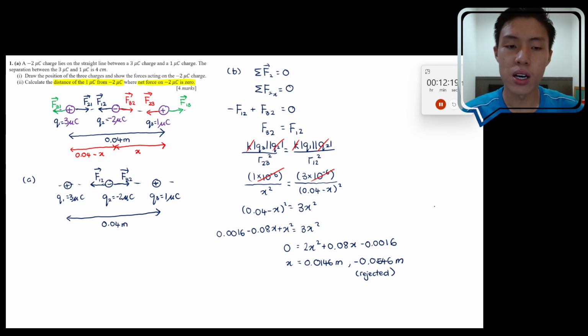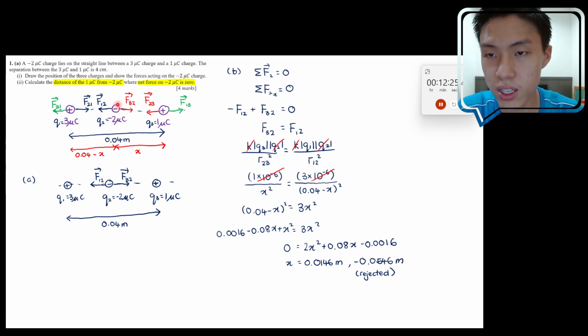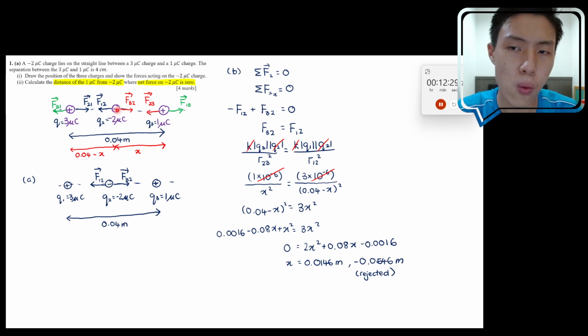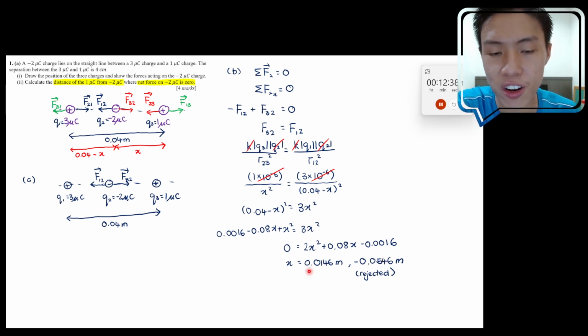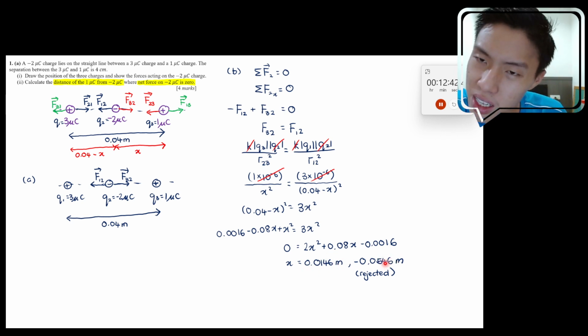If it's negative, then what it might mean is that this charge over here might need to be brought somewhere else. I'm not really sure right now, but I'm very confident that this positive answer is the answer. If it's negative, what does it mean?